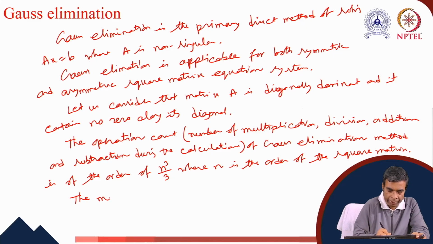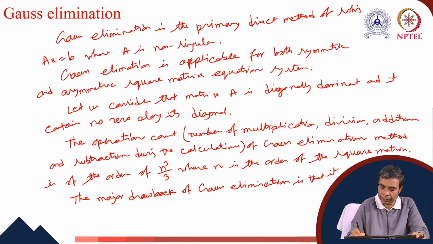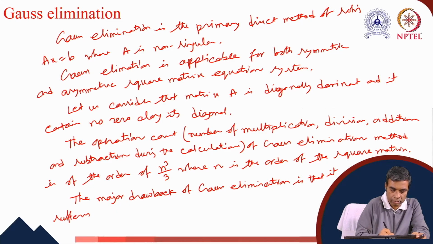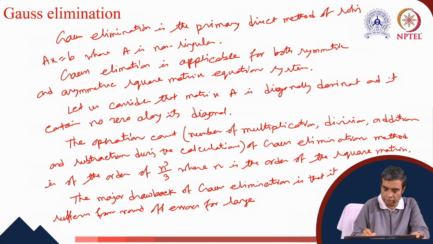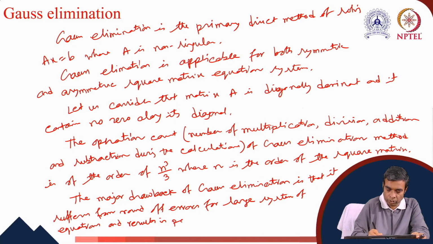The major drawback of Gauss elimination is that it suffers from round off errors for large system of equations and results in poor solutions.